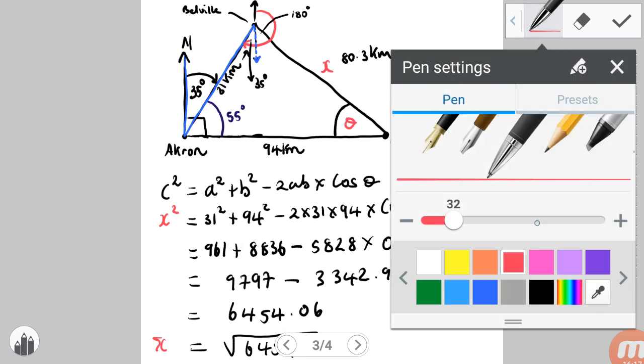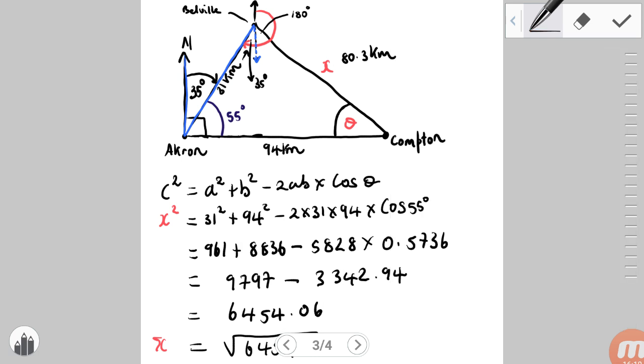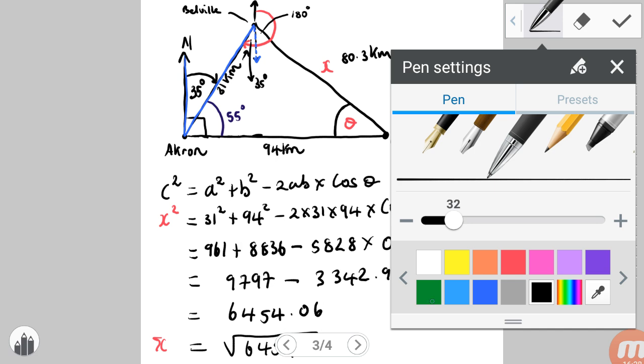Okay, and so if you're looking for an angle, then we must be provided with the side that is facing the angle. So we have this 31 here. And then if we can find another side and its opposite angle, then we're good. So we have this 80.3 that we had calculated, and we also have the angle in front of it, which is 55. So we could therefore use the sine rule.